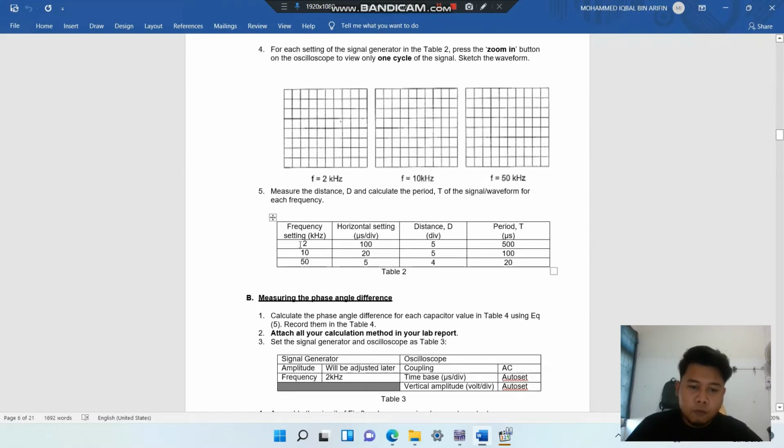So for 10 kilohertz frequency, the horizontal setting is 20 microsecond per division, and the distance is 5 divisions, so the period is 100 microsecond. And for 50 kilohertz frequency, the horizontal setting is 5 microsecond per division, and the distance is 4 divisions, and 5 multiplied by 4 is 20 microsecond.